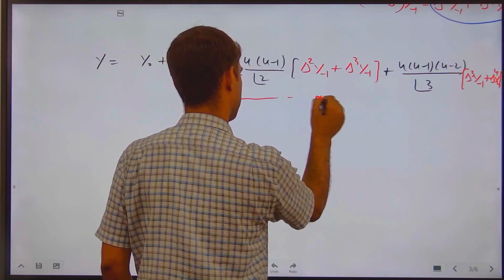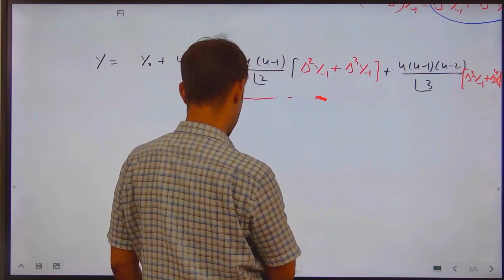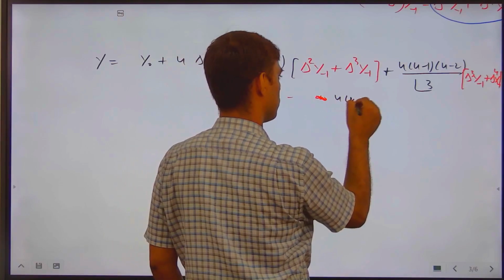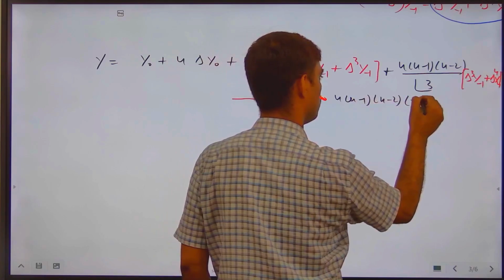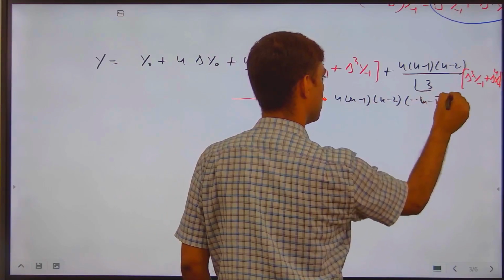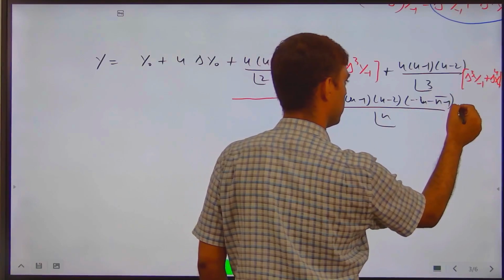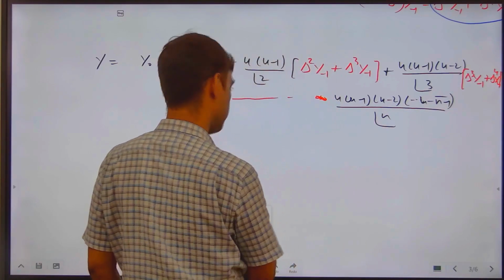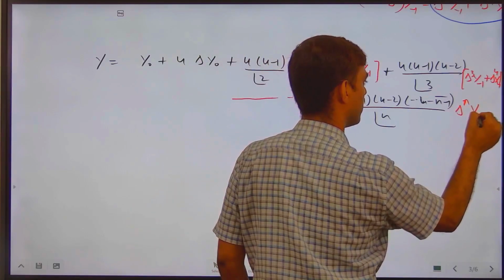Up to the nth term, u minus 1, u minus 2 up to u minus n minus 1 upon factorial n, here we write del n y minus 1 and so on.